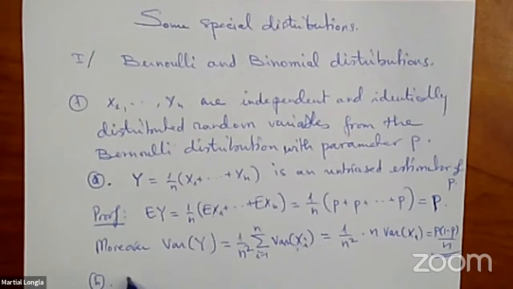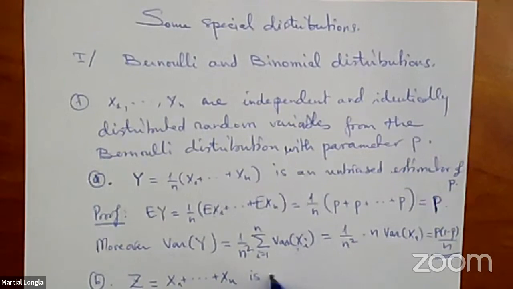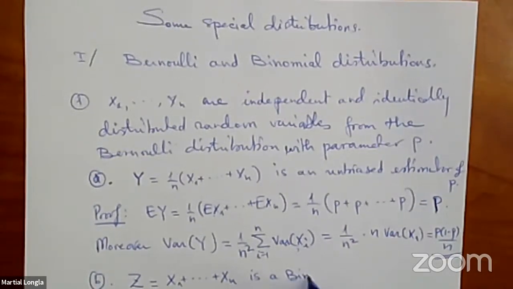The random variable z equals x1 plus down to xn is a binomial random variable.